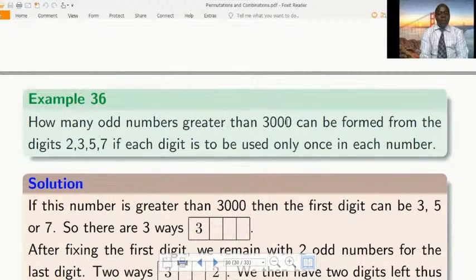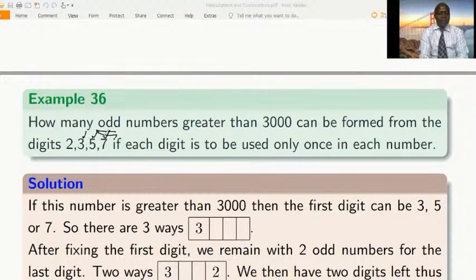Now let's look: how many odd numbers greater than 3,000 can be formed from these digits if each digit is to be used only once? What will help me here is the word odd. A number is odd if the last digit is odd, so the last digit should be either 3, 5, or 7.